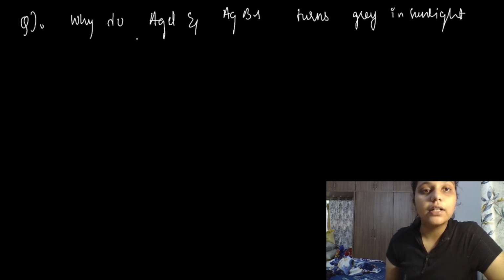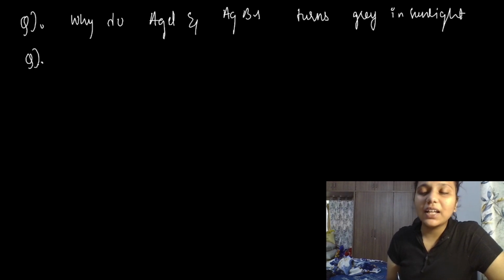You can write that photolysis decomposition happens and these are the reactions it undergoes. The end product is gray because of Ag present in the plate which we have kept, and the chloride and bromide are released into the environment. This is the explanation, you can write it.